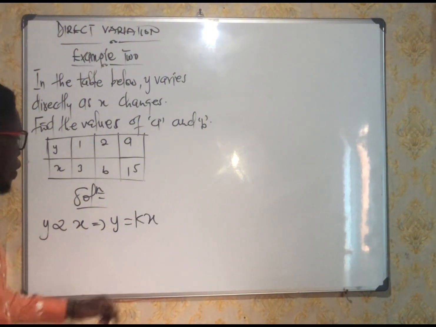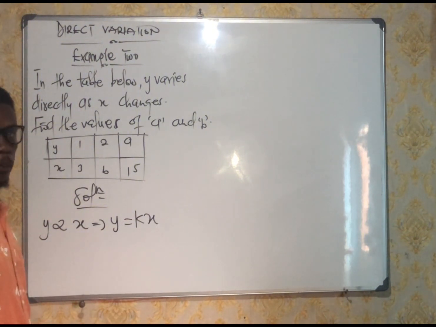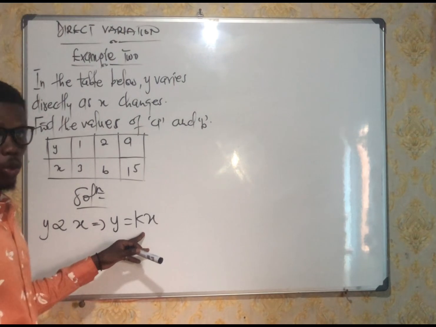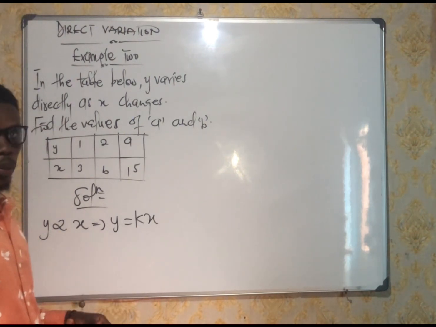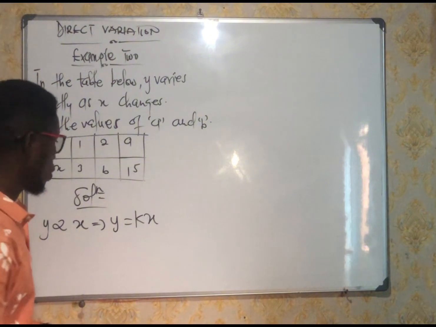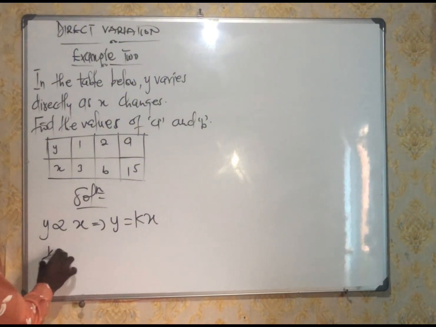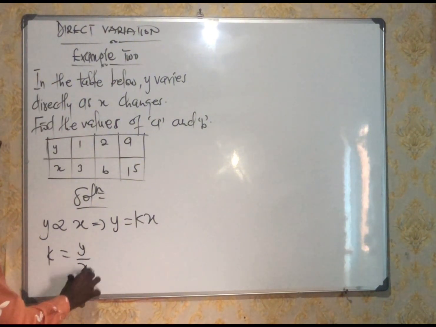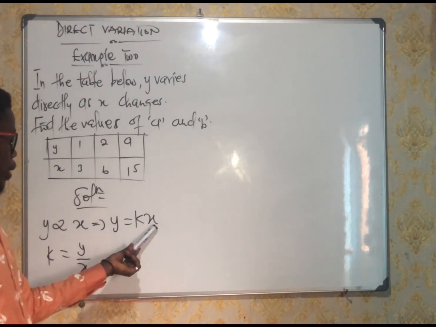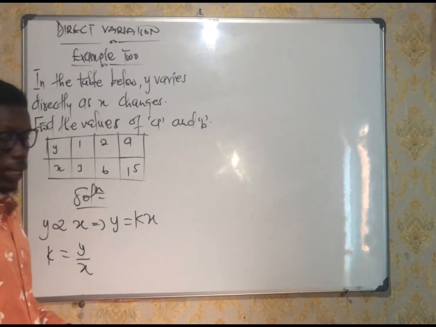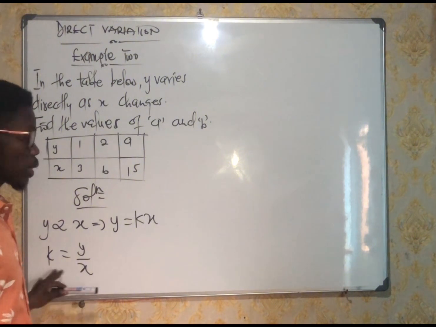Is that okay? Now, per what we have been doing in example 1, we need to make k the subject and find k. So my k will be y over x, by dividing both sides by x. Here the k will stand alone, and you get something like this.